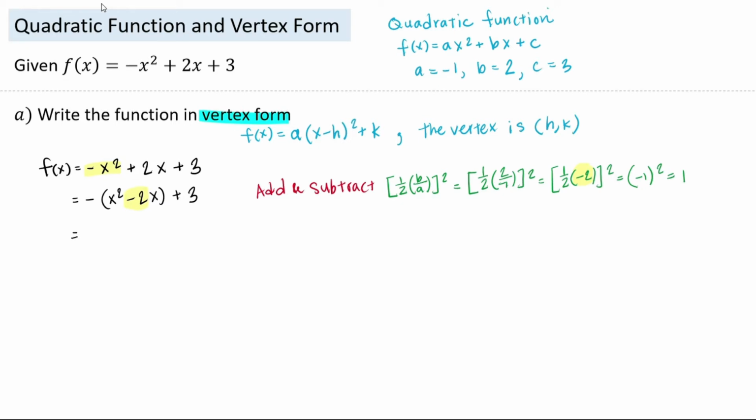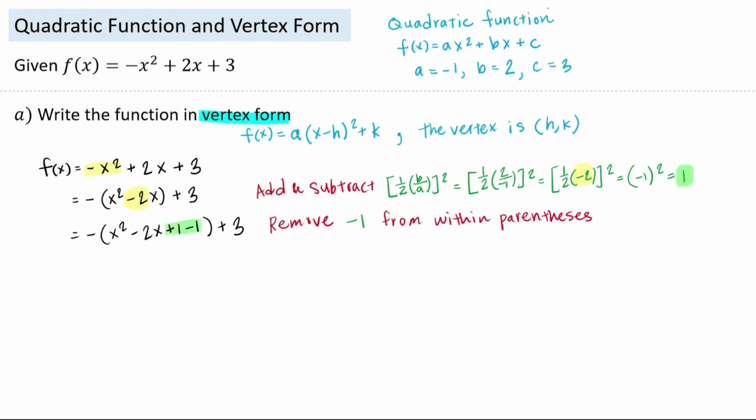Then we get negative x squared minus 2x plus 1 minus 1 plus 3. The next step is to remove negative 1 from within parentheses. We get negative x squared minus 2x plus 1 minus 1 times negative 1 plus 3.